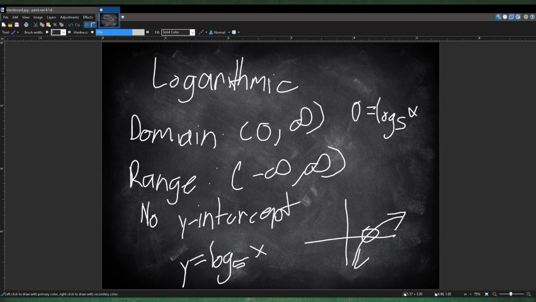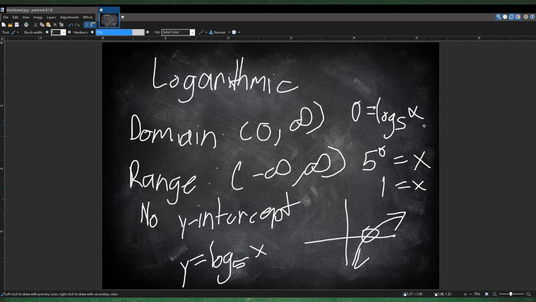And 5 to the power of 0, remember the thing that I said in the beginning of the video, equals x. Anything raised to the power of 0 is 1, so x is equal to 1.